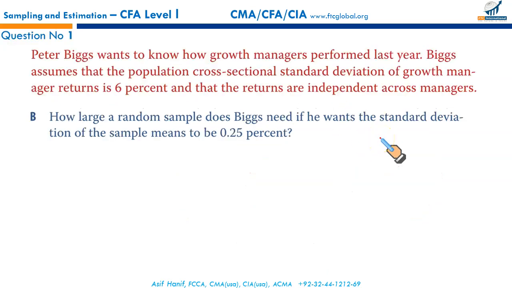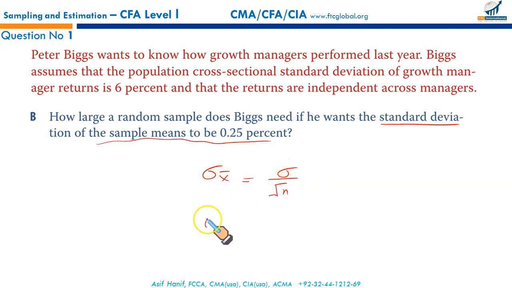Next. Same data, but this time you need the standard deviation of the sample means to be 0.25%. Apply the same formula. 0.25% is equal to 6% over √n, which means √n is equal to 6 over 0.25.